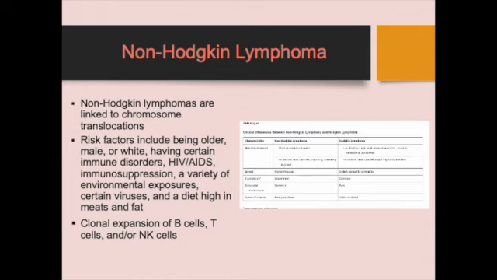Night sweats with an elevated temperature of 38 degrees Celsius or higher, weight loss, and extranodal involvement are not present in these early stages. And so when you start to see the night sweats and temp and weight loss and enlarged lymph nodes, you can assume that it's a later and more advanced stage of lymphoma.